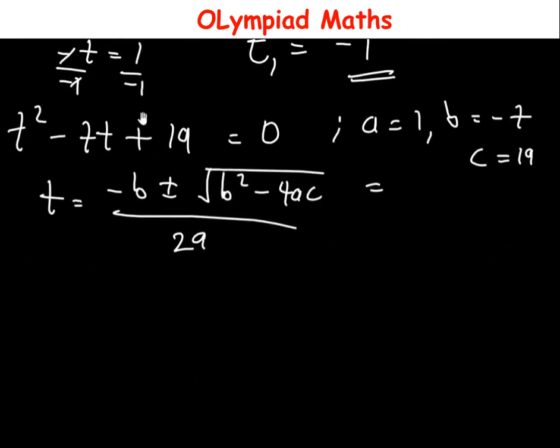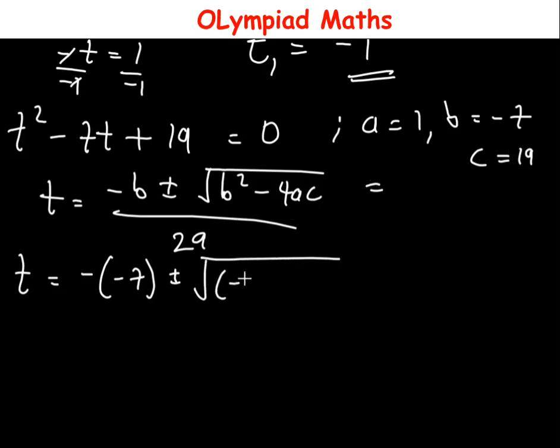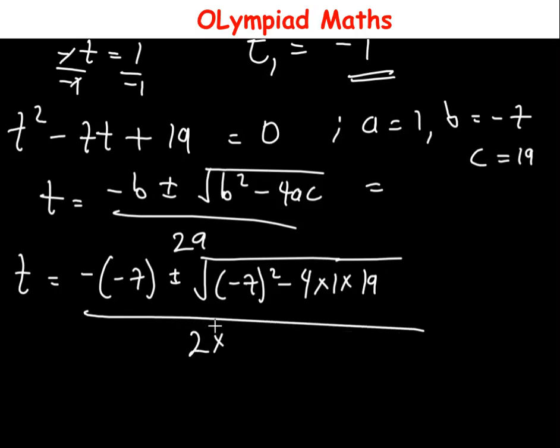So in putting this into the equation, t is then equal to, we have minus b is minus 7, so in bracket minus 7 plus or minus square root b is minus 7, so minus 7 all squared minus 4 times a is 1 times c is 19. Okay, so all of this over 2 times a is 1, 2 times 1.